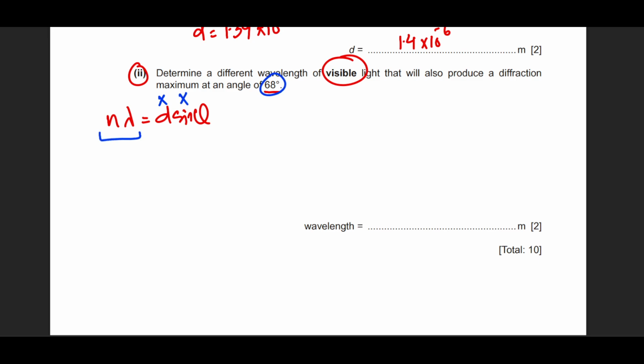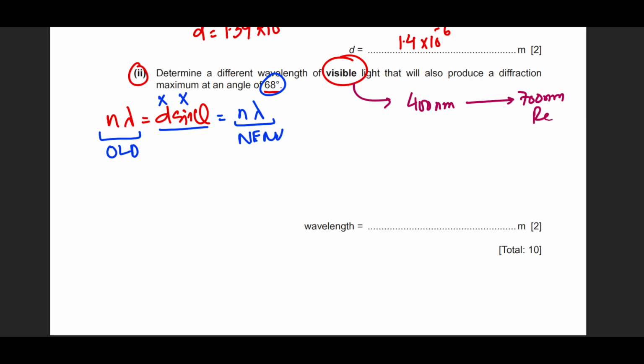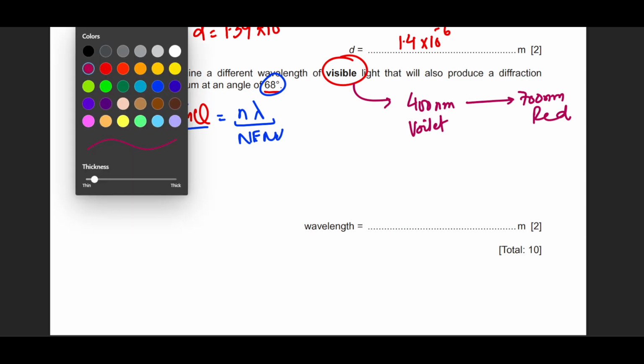So one scenario, the old situation, being compared with a new situation with a new lambda, can be equated because their d sine theta will be the same for both situations, right? I'm subjecting a new wavelength to the same situation, but I want a wavelength that does this for me. So how can we solve this? First, remember that the wavelengths of visible light start from 400 nanometers and go up to 700 nanometers, 700 being red and 400 being violet, indigo, purple, whatever color you choose to label that with.